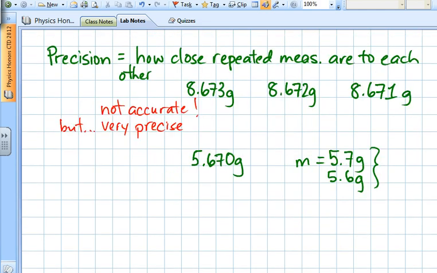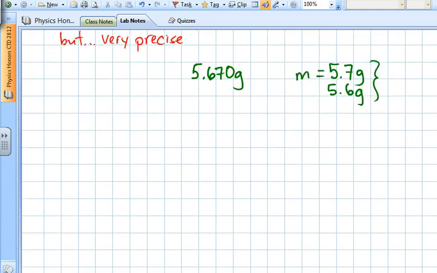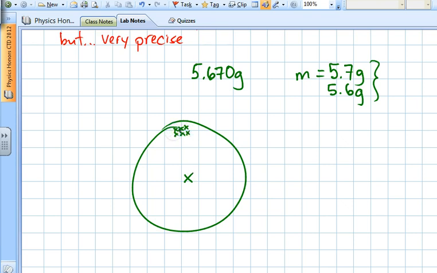Another way to think about this is archery. In the archery example, you're trying to hit the bullseye, and the bullseye is the accepted value. So if you have a bunch of shots that are all in one corner that are real close to each other, those are precise but not accurate.